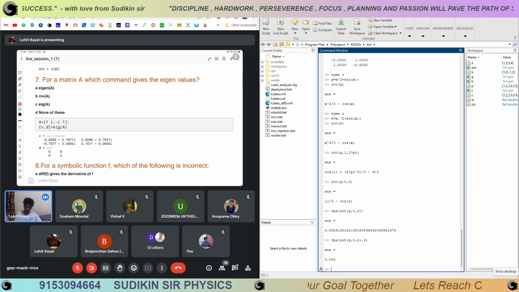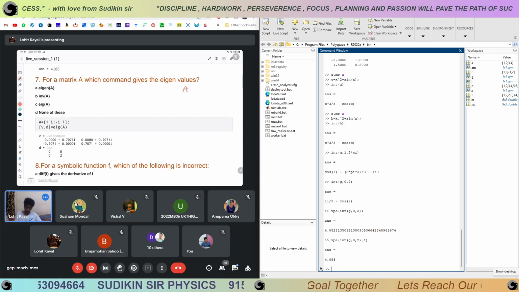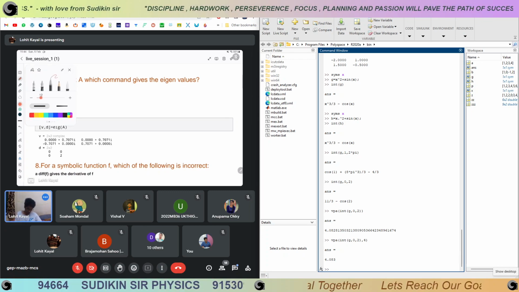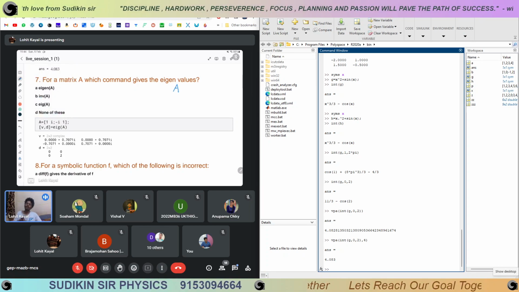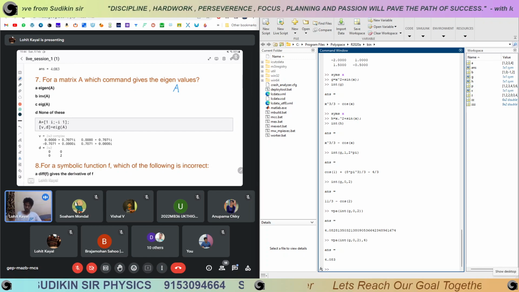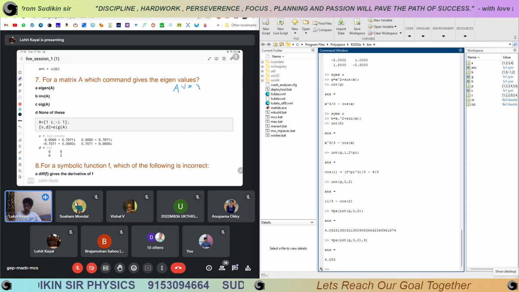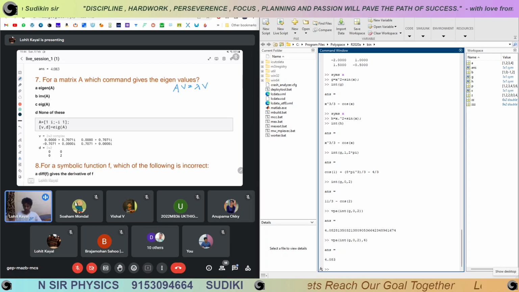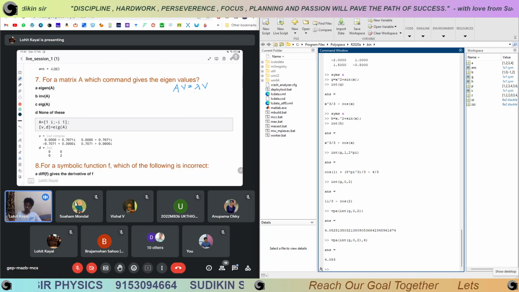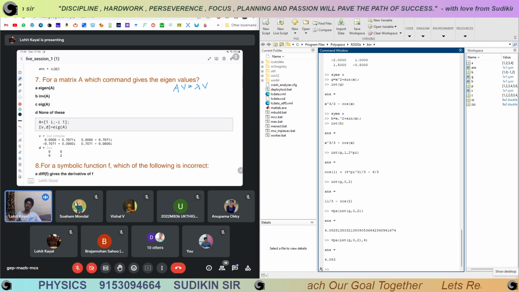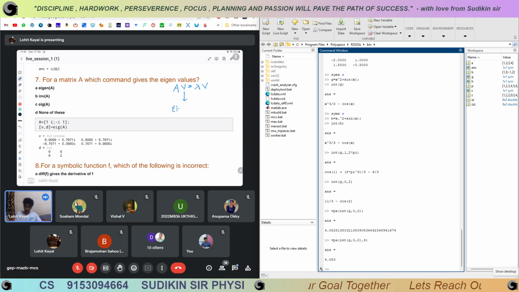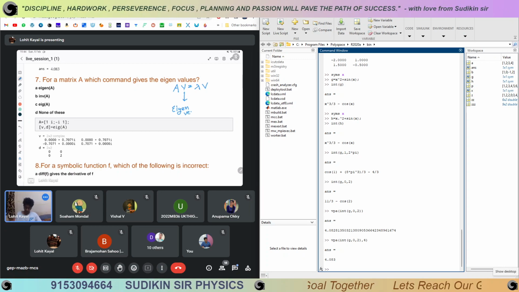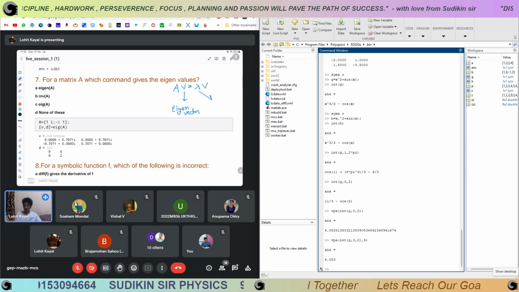Just for a brief recap: suppose you have a matrix A, and there will be some very special vector V which satisfies this relation. Any arbitrary vector V will not satisfy this; only some special vectors will. This is called an eigenvector, and these are eigenvalues.